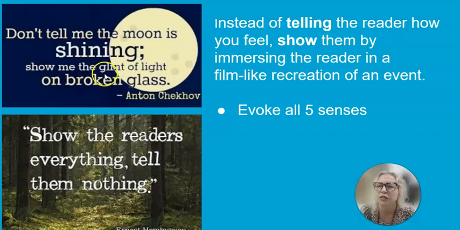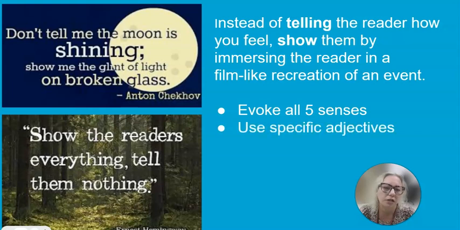This one here certainly evokes the sense of sight. Anything else? Broken glass might hint at touch too, right? We can feel that. There's a danger in touching broken glass, and so it evokes that sense of touch maybe as well.